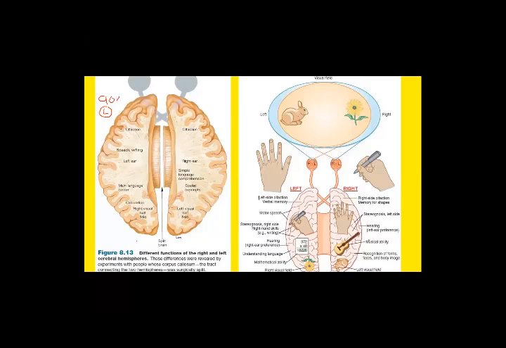Wernicke's speech area will be well developed in the left cerebral hemisphere, and the temporal region, the angular gyrus, all these areas will be dominant on the left side. Whereas interpretation of music, verbal communication, all these are functions of the right cerebral hemisphere.